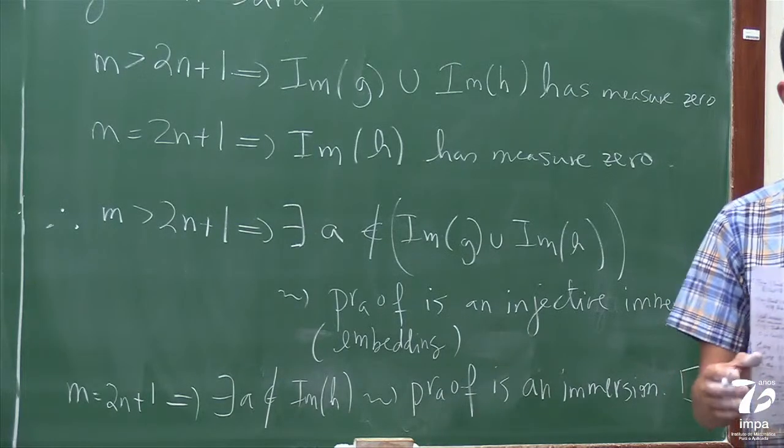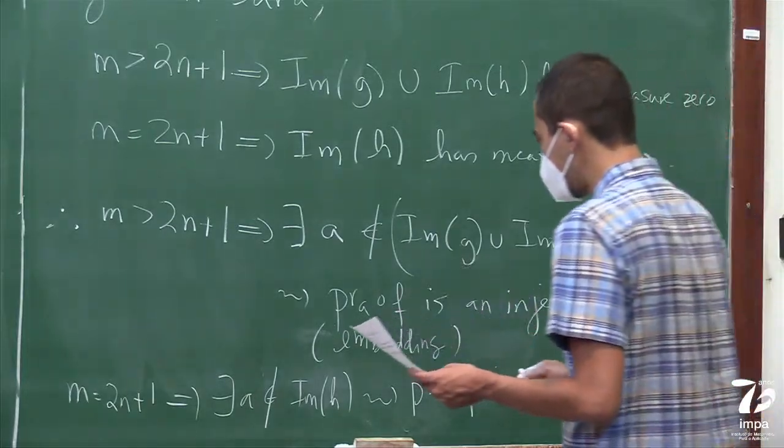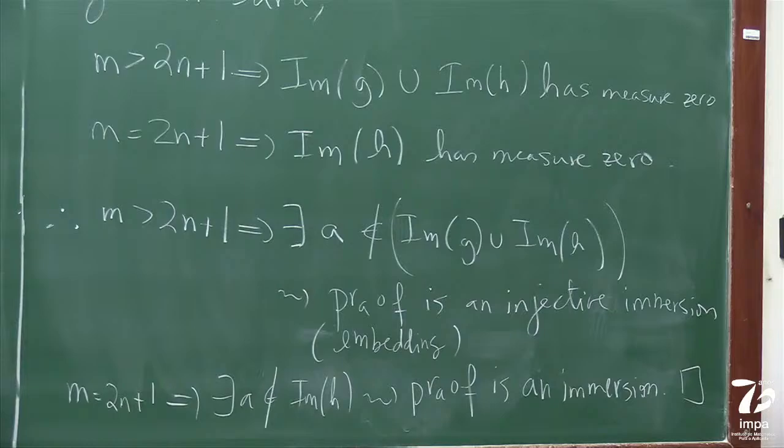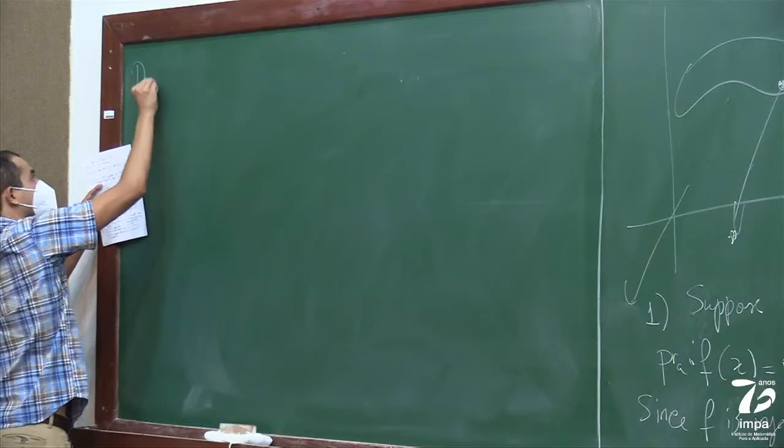No? Okay. So now we can move towards the full Sard's theorem. To talk about that, we're going to talk about regular values and critical values. So let me make the definition of regular and critical values.